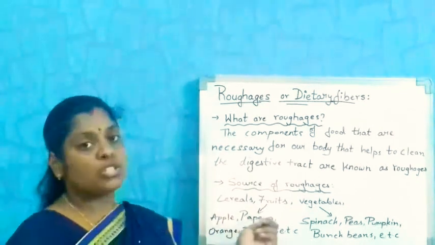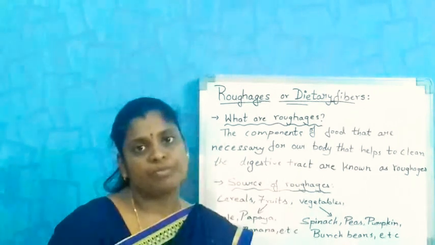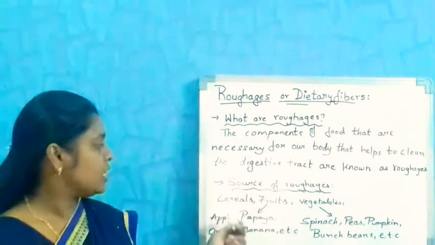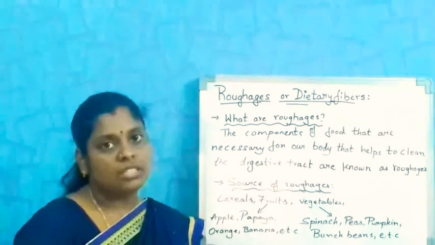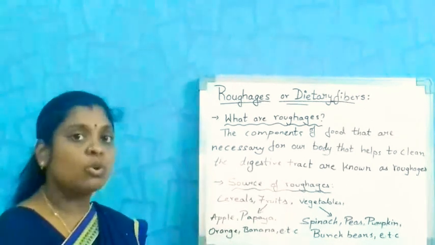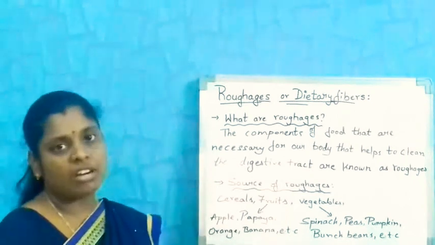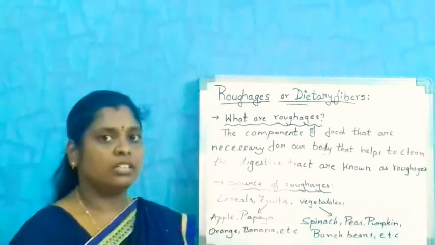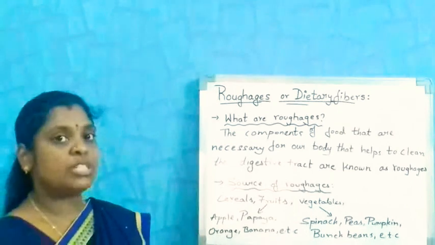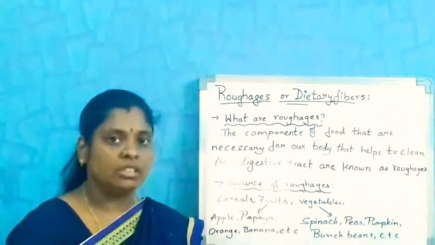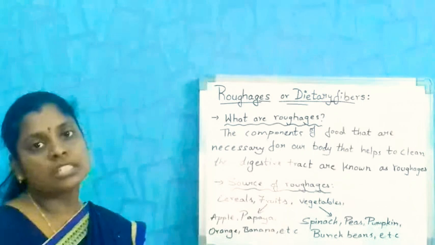What are the main sources of roughages? We get these roughages from cereals, fruits like watermelon, guava, papaya, and vegetables like spinach, ridge gourd, beans, peas.